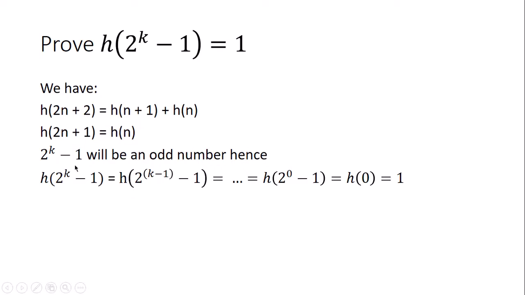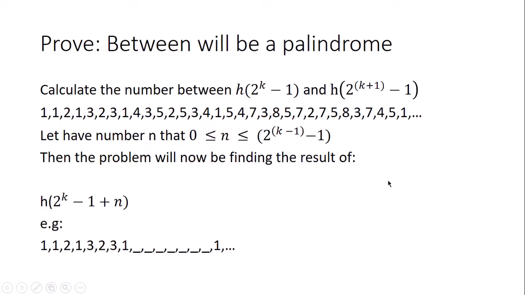If you continuously do it, you see 2 to the power k minus 1 will go to 2 to the power k minus 1 minus 1. It will be exactly like that because an odd number keeps being an odd number until you reach the last one, 2 to the power 0 minus 1, where you cannot subtract 1 anymore, and it will be h0, which is 1. So that's done.